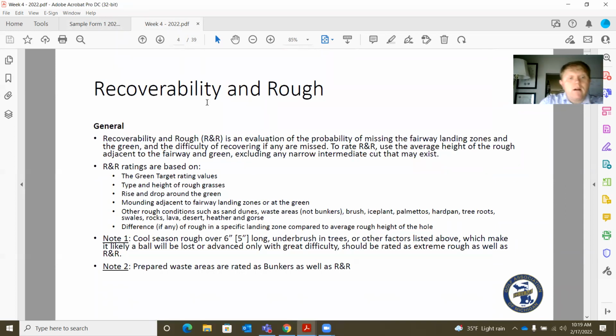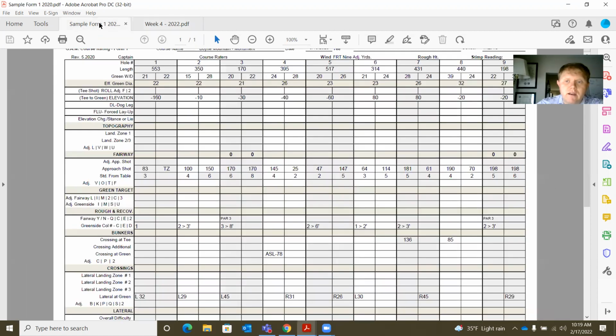All right, so R&R, or recoverability and rough, is looking at the evaluation of the probability of missing the fairway landing zone and the green, and then also the difficulty of recovering if they are missed. So when we're doing this R&R, one of the things that we do need when we go to our table is the rough height.